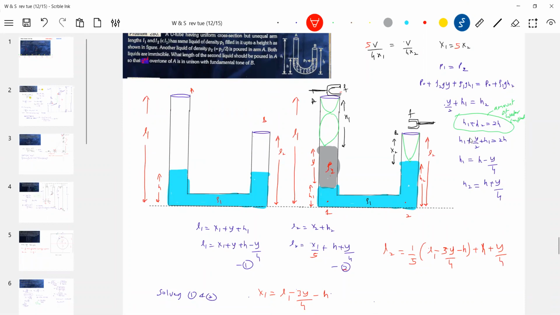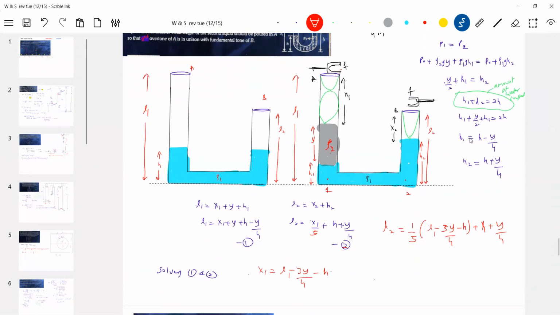Now I think we may end up with L2 equal to L1 by 5. Check it now. We'll end up with some value here. Maybe the question has a misprint, it should have been second overtone at least.